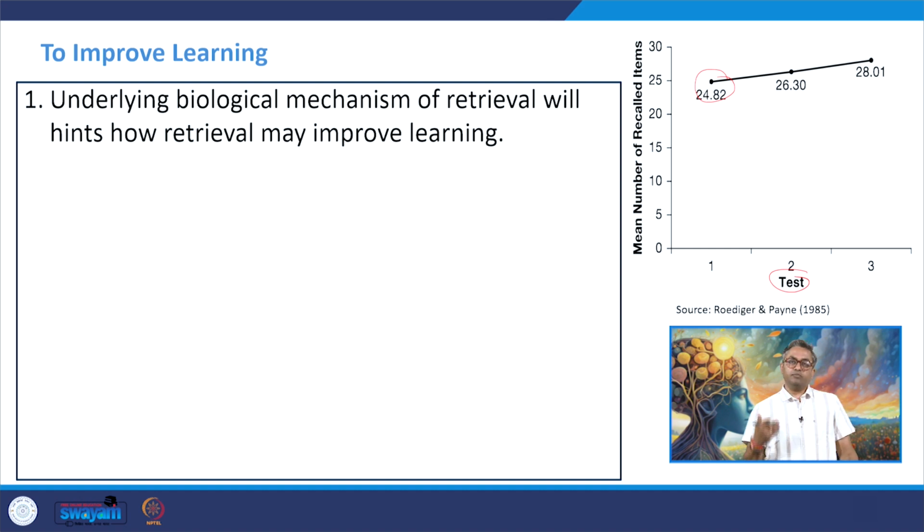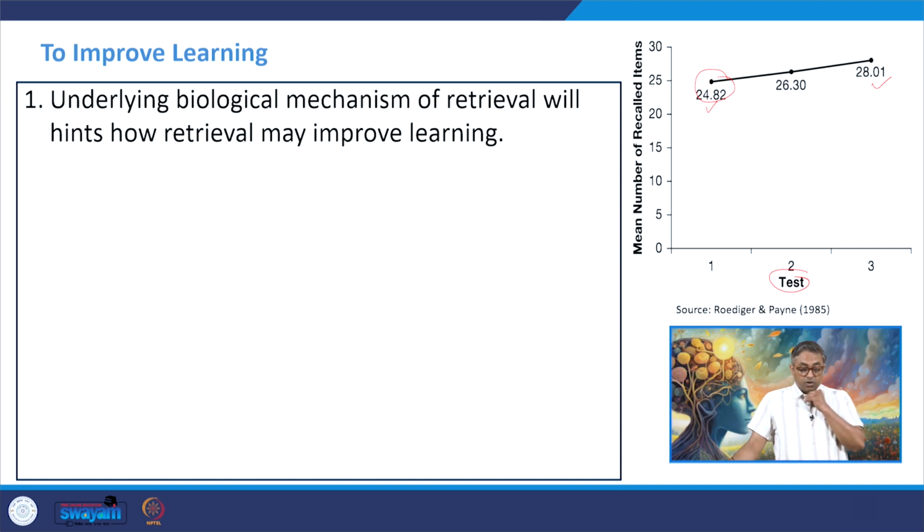The more times the test has been conducted, the more times retrieval has occurred. As a result, improvement in learning can be seen. So you could see that from 24.8, 28.01 items can be recalled.